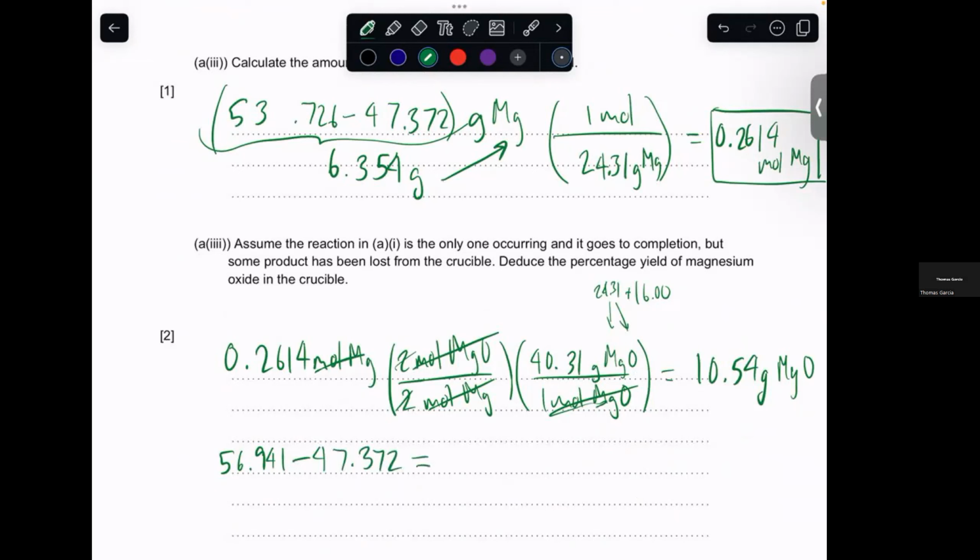And we get an actual value of 9.569 grams magnesium oxide. And I'll divide that by my original value, 10.54. I'll multiply by 100, and I will get approximately 91%. I'm not keeping sig figs here. Apologies.